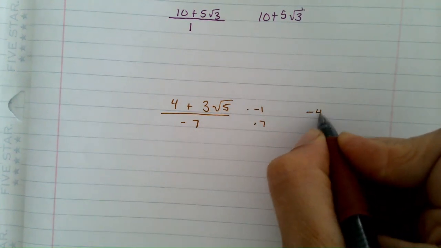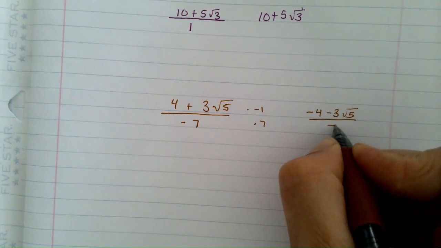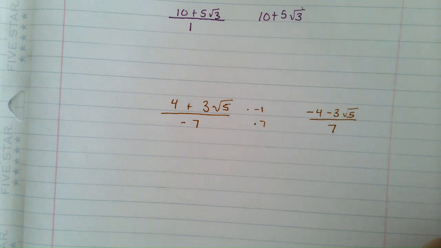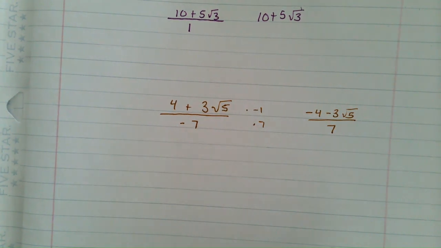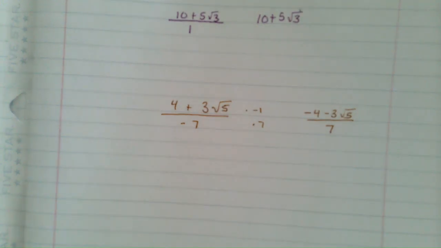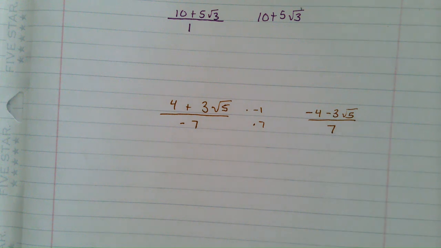That way I get negative 4 minus 3 root 5 all over positive 7. If you'll notice, I just flip-flopped all the signs. It's preferred by most mathematicians that I know of to have a positive denominator. It's not necessarily mandated, but it is kind of the practice.